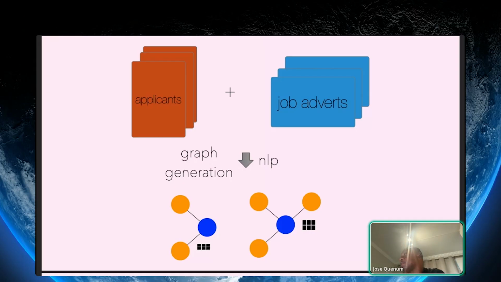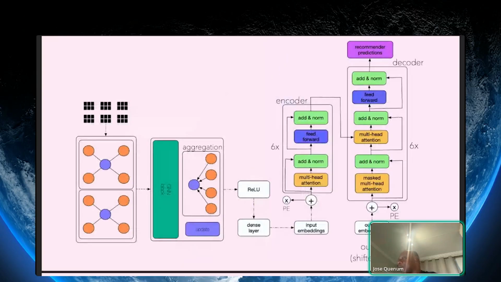Overall, this is the architecture that we adopted. We take our initial data, a bunch of job adverts and applicants, extract the necessary information, and construct a heterogeneous graph. Then we pass that heterogeneous graph to a graph neural network, where we run several convolutional layers for representation.